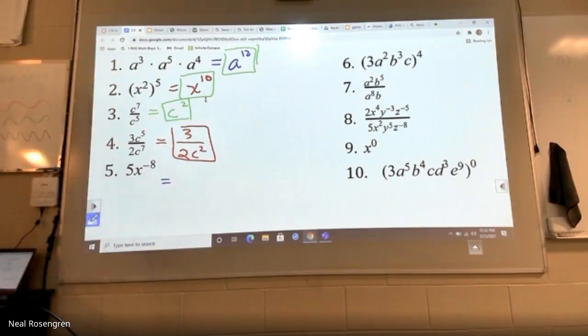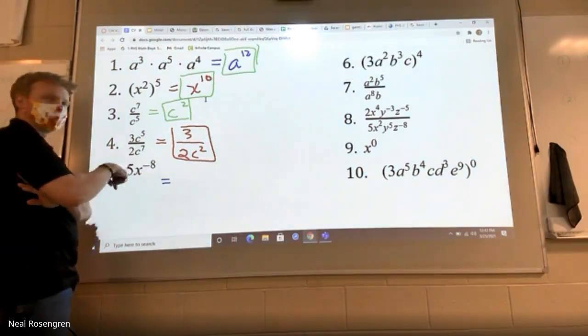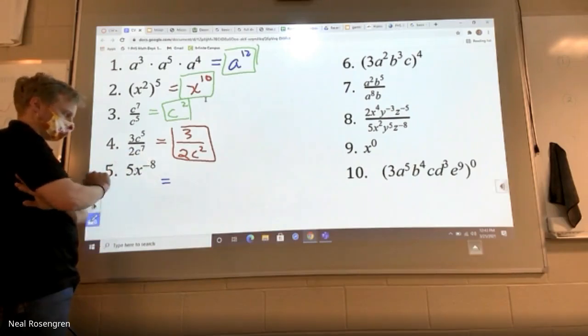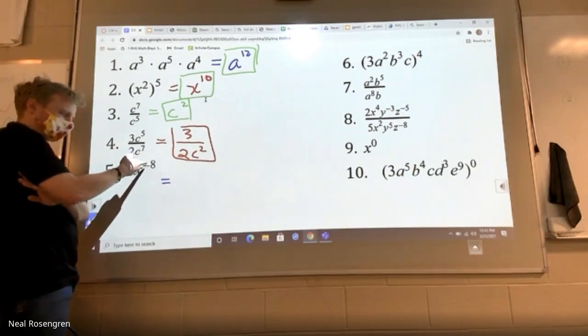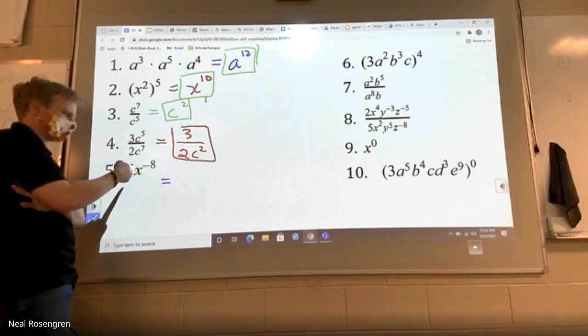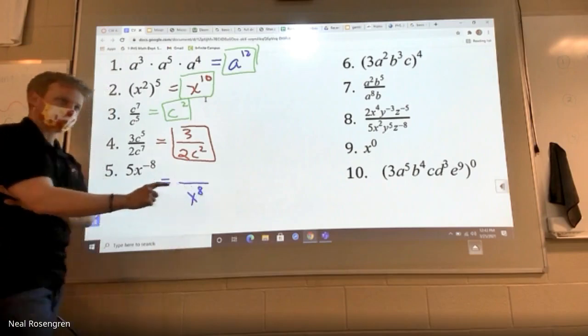How about number 5? So the 5 right there, is that being raised to that negative power? Only what's right underneath it is being raised. And so you're right that x to the 8th has to move down to the bottom.